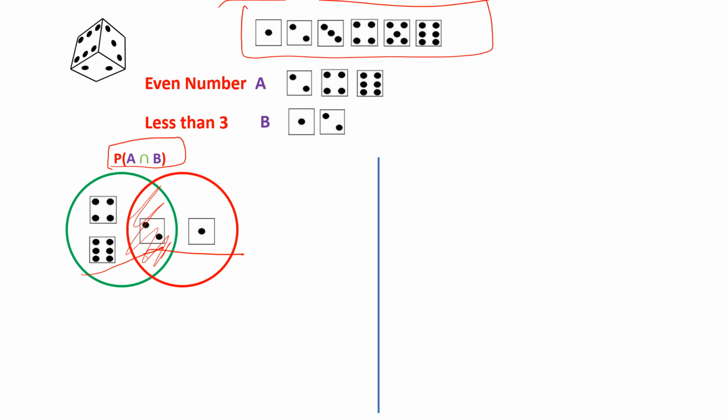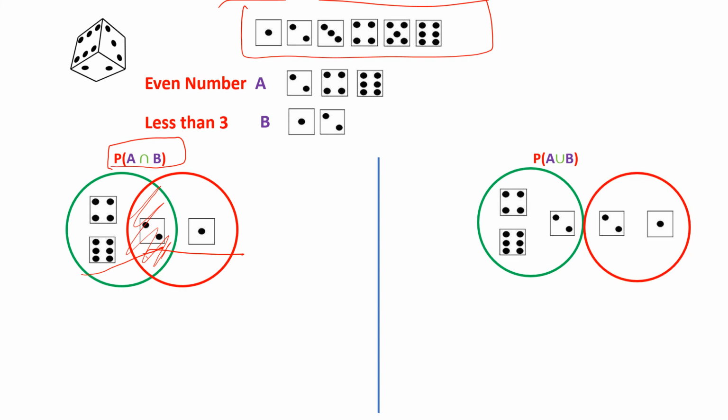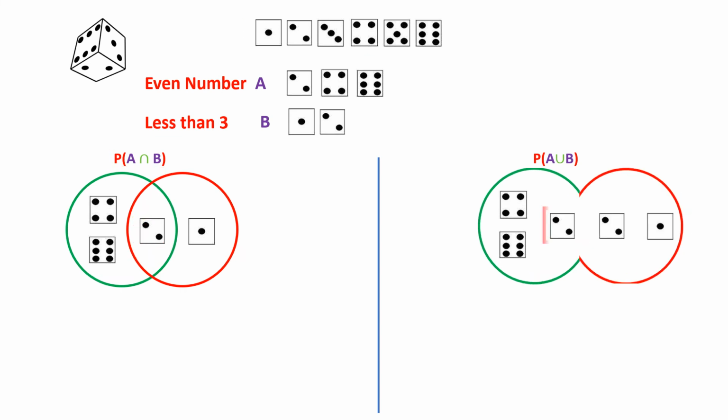On the flip side, when we talk about probability of A union B, that will be set A and set B combined together, finding the duplicate values and removing them, and whatever we are left with is the favorable number of outcomes.